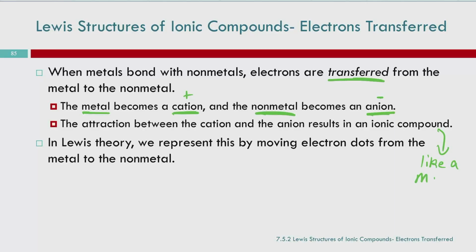This is exactly like magnets sticking together. It's exactly the same thing. In Lewis theory, we show that by moving the electron dots off of our metal structure, like we did with the aluminum and the selenium.